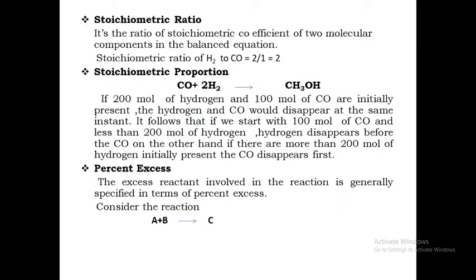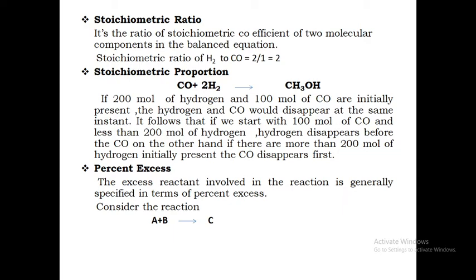Case number 1, we start with 100 moles of CO and less than 200 moles of hydrogen. What will happen? Hydrogen disappears before the CO. Why? The required hydrogen is 200 moles, but we start with less than 200 moles of hydrogen.